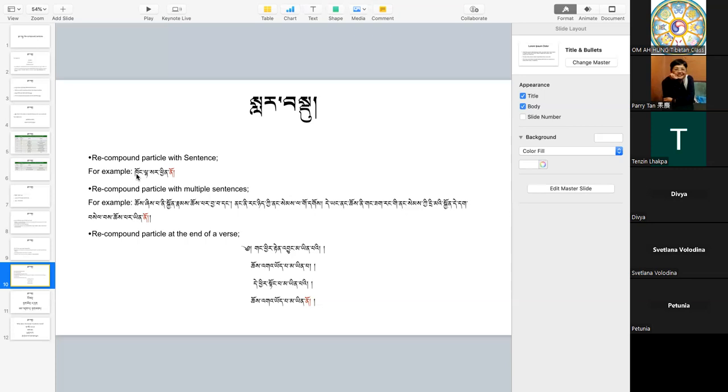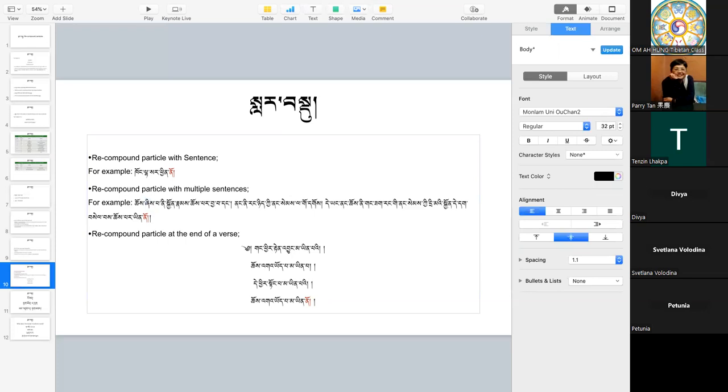Recompound particle with multiple sentences. So it's she, it's not she. Okay, chue shebani, gönam, chebar chawatang, nani, rani ki nang semla, kogu.